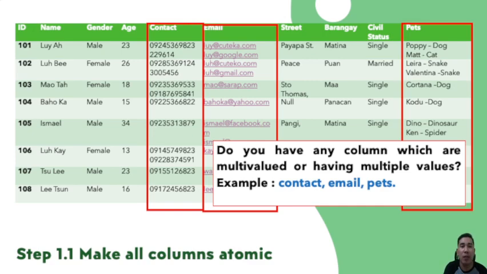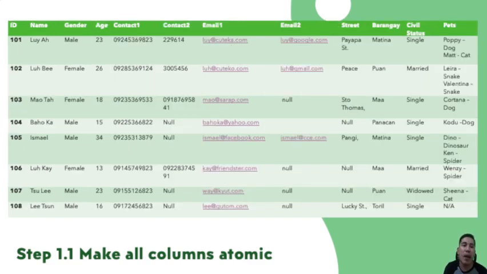For email, we also have 2 emails for that record. And for the pets, he actually has 2 pets. So we'll have to split them up, of course, splitting 1 field into 2 or more different fields.